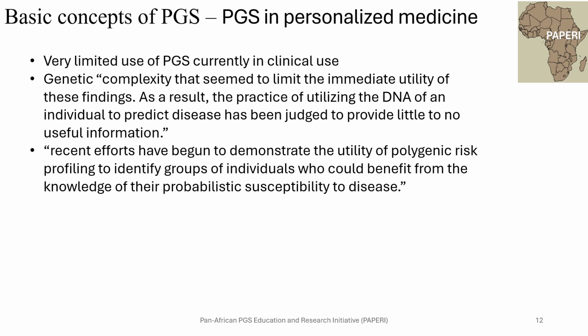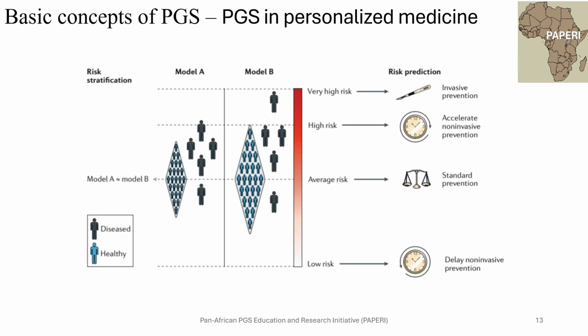But as people have calculated these scores and assessed them and tried to get an idea of how they could be used in the clinical setting, it really has illustrated to researchers just how complex some of these diseases are and how difficult it can be to sum up genetic risk into a single score. And we're going to take a look at this visually here.